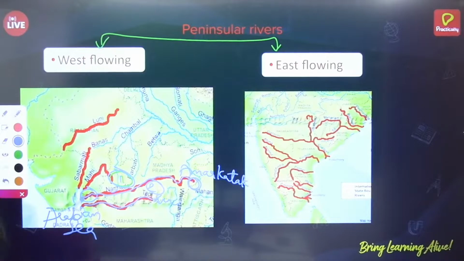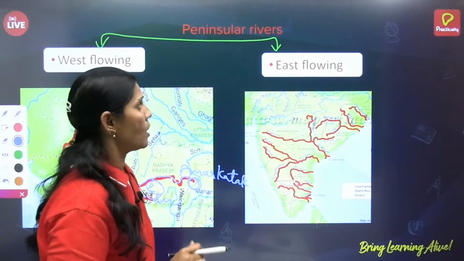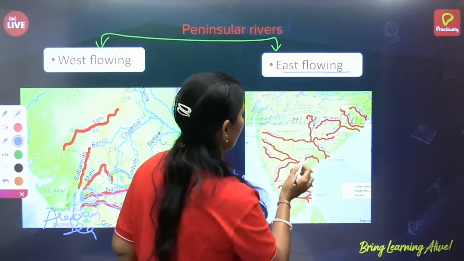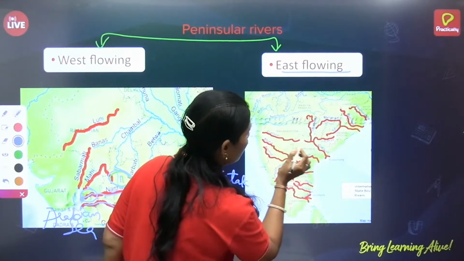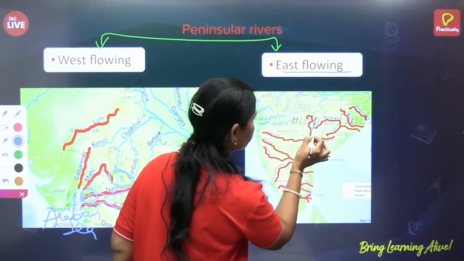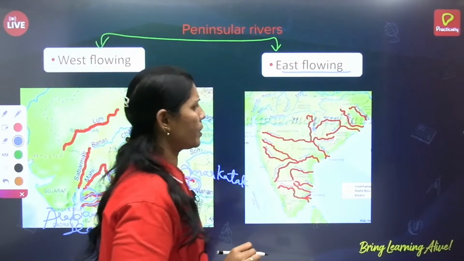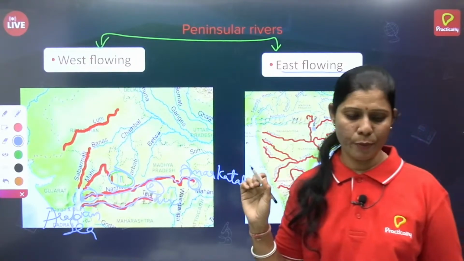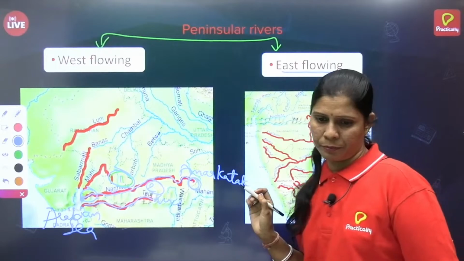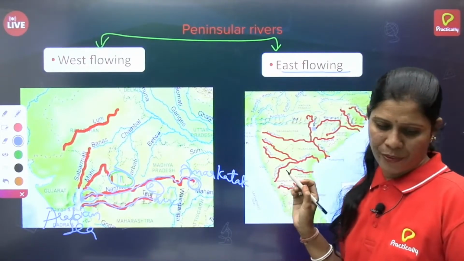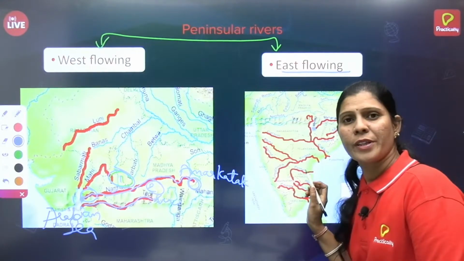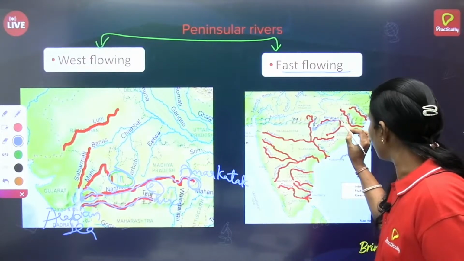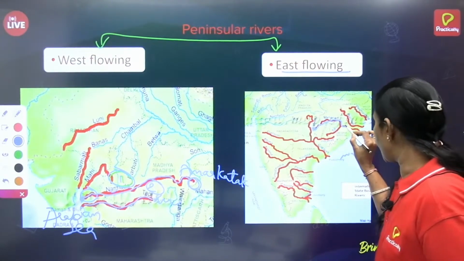Let's have a look at east flowing rivers. The most important one, let's begin with Mahanadi. Mahanadi is a river which rises in the higher lands and moves forward into Orissa.